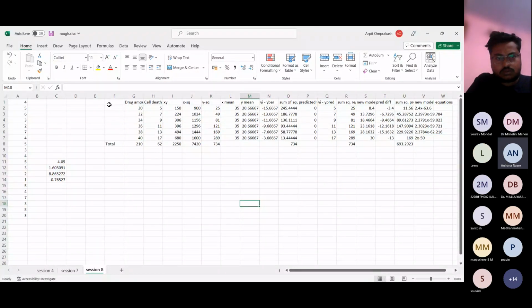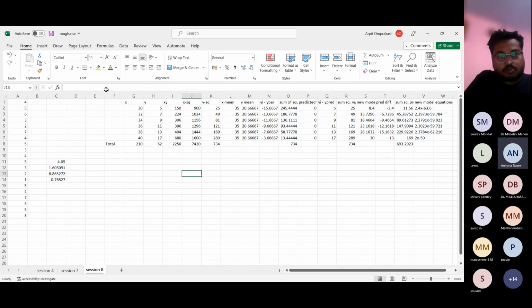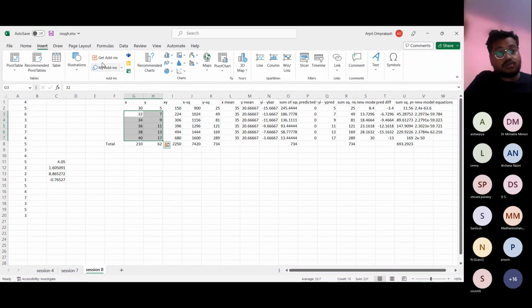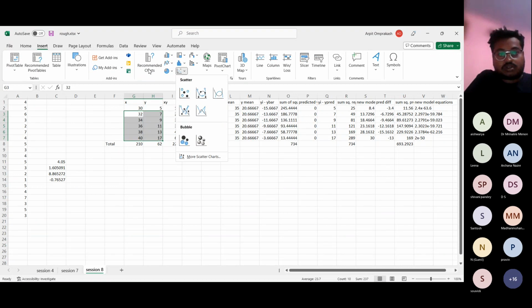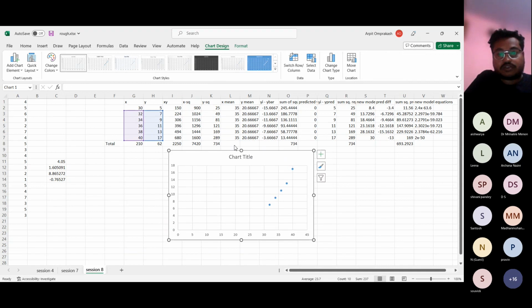Can you see the Excel sheet? Yeah. These are our X values, and these are our Y values. For this point, we'll select all the other points. To make it easier I'm using Excel, but you have to calculate all this manually, like you did for the first 2 questions.